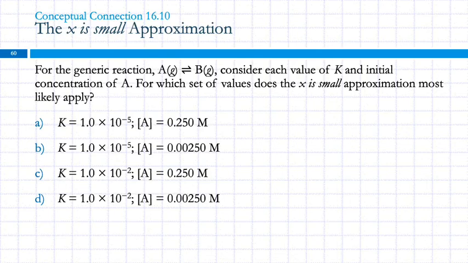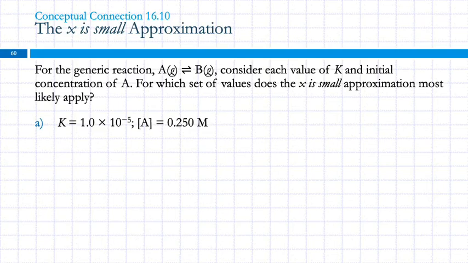Should the K be large or small? Small. So that looks like we want either A or B, because those are the two small Ks. And then we want the initial concentration to be large or small? Large, because the larger this is, the less effect subtracting or adding something to it will be. So the answer is A.